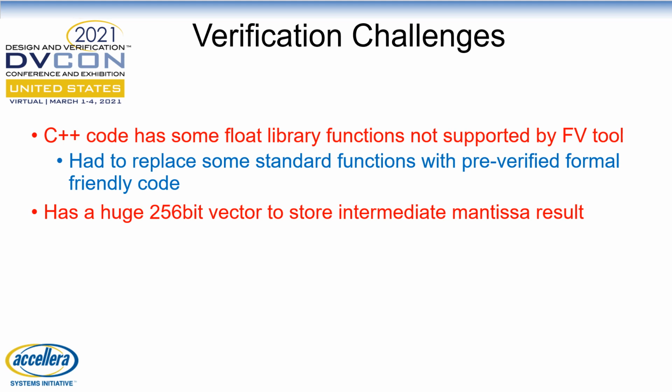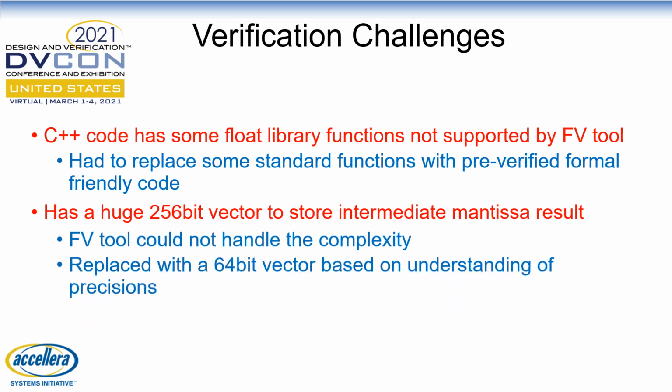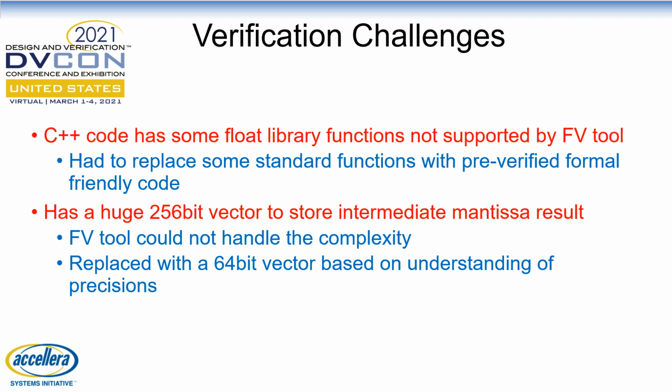The other problem we faced was that there was an intermediate 256-bit vector to store the intermediate mantissa result, which was not supported by the formal tool. The way we handled this problem is that we replaced it with 64-bit vectors based on the understanding of precisions and rewrote a certain portion of C++ code so that the FP tool can handle that complexity.